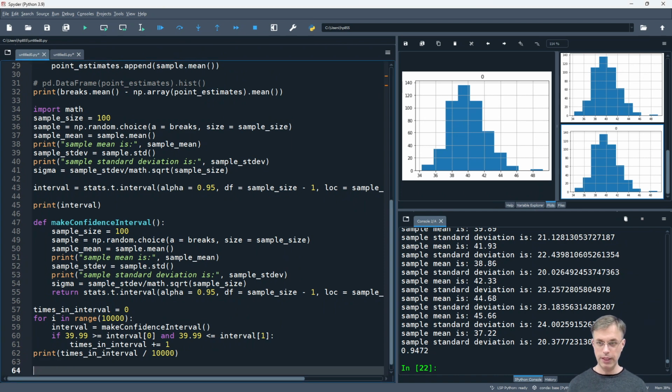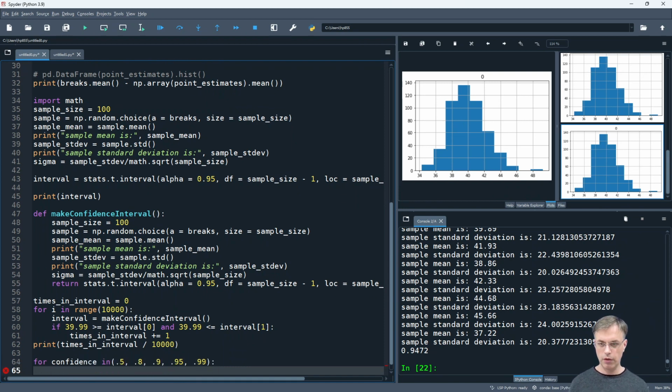And for that, what we need is, for confidence in 0.5, 0.8, 0.9, 0.95, and 0.99, confidence intervals, again stats t.